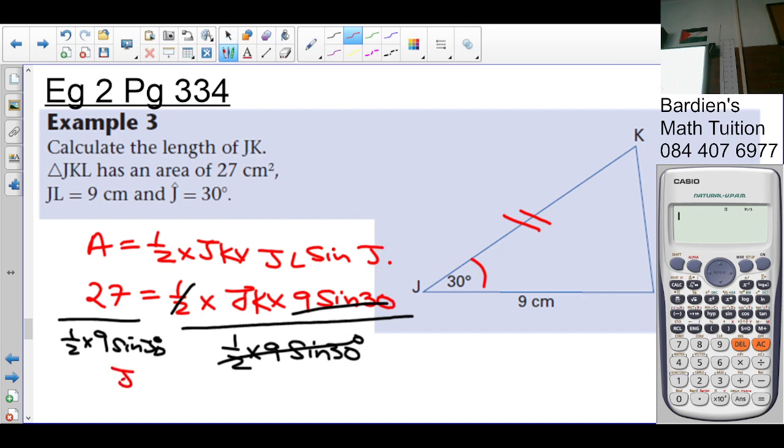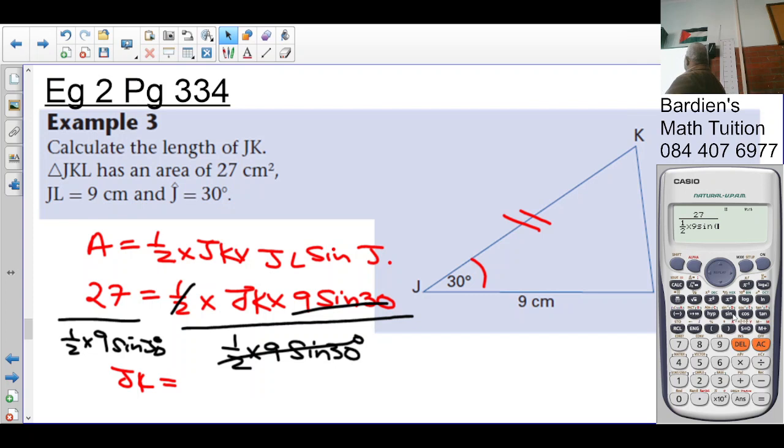So JK works out to be 12. You're getting the sums right, but do you guys understand? Are you okay with that?